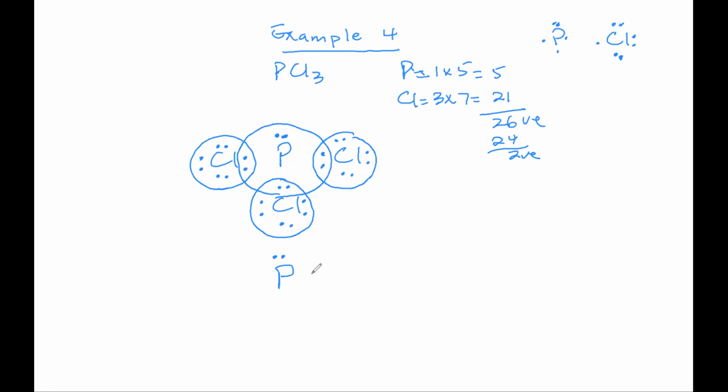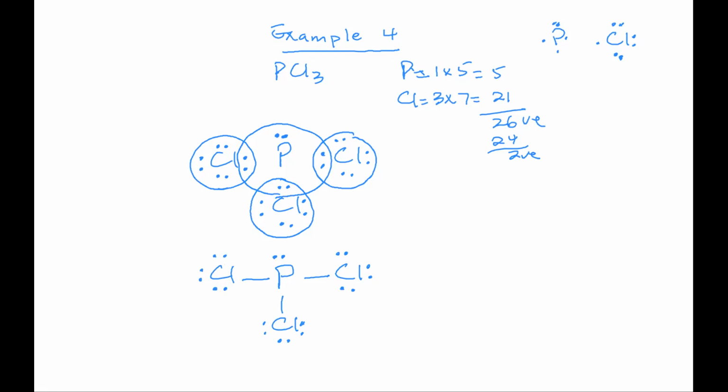Sharing one pair, single bond. Sharing one pair. Sharing one pair.